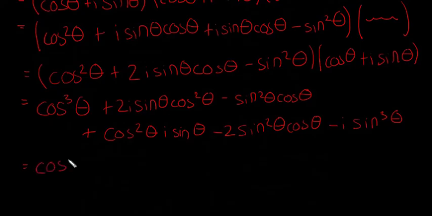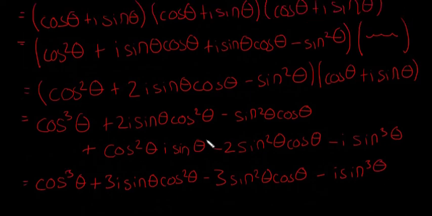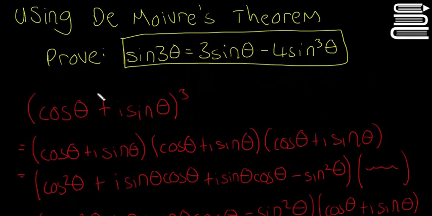It's going to be cos cubed theta, and all together this is going to make plus 3i sine theta cos squared theta, and this is going to be the same except it's going to be minus 3 sine squared theta cos theta and minus i sine cubed theta. Okay, so this is this all multiplied out.